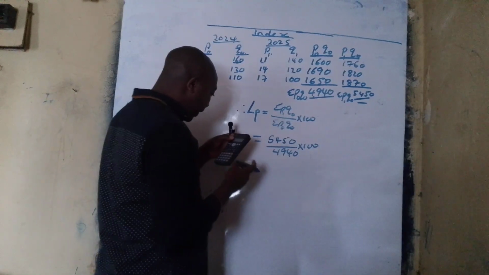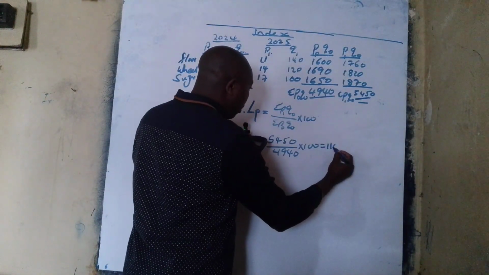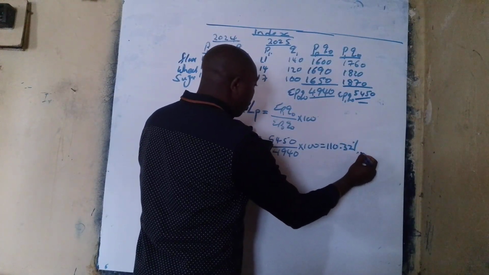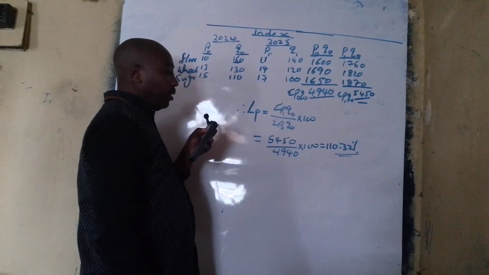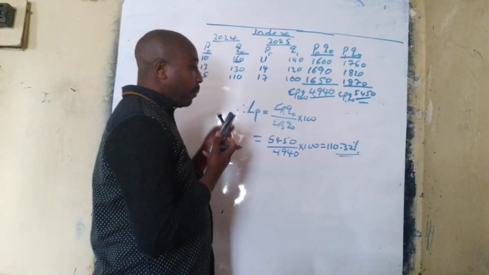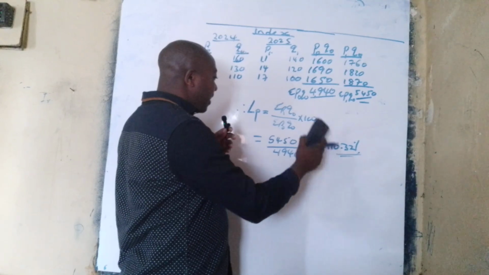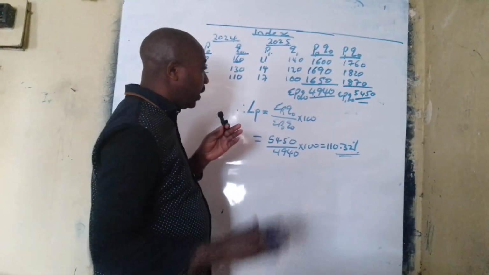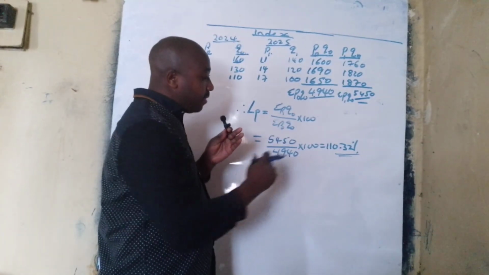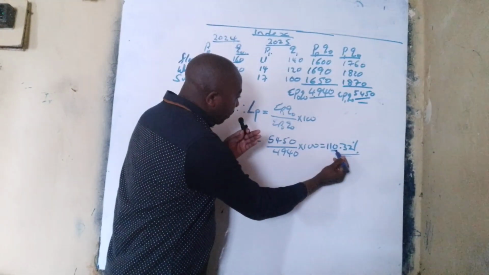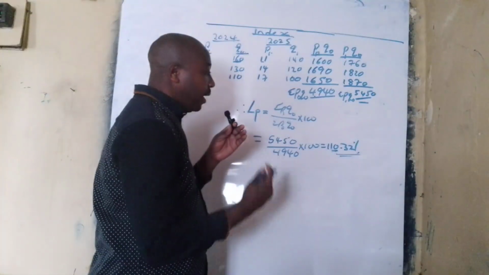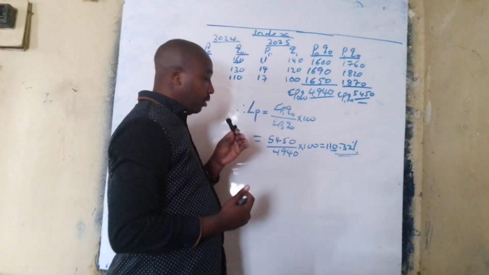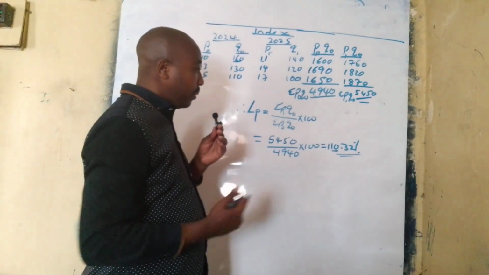We get 110.32%. That is it. And the interpretation is that the price has increased by 10.32% during that 1 year. There is a price increment of 10.32%. Remember, anything above 100 is an increment. So if you were to interpret, that is the interpretation.